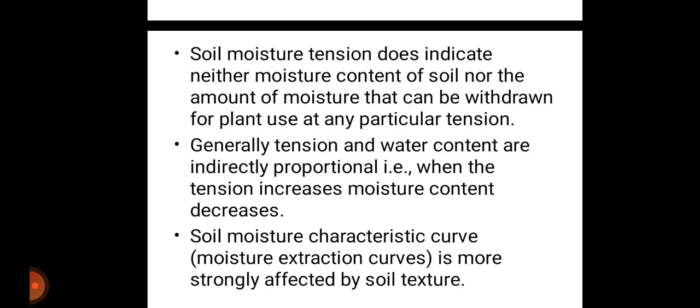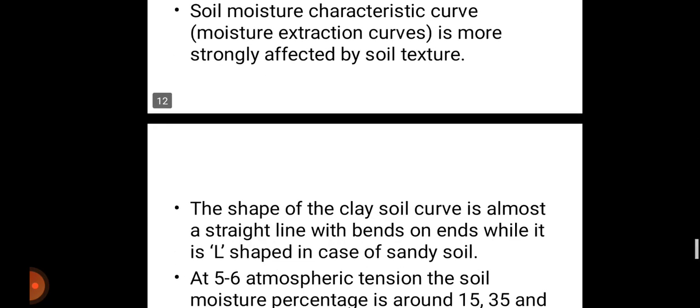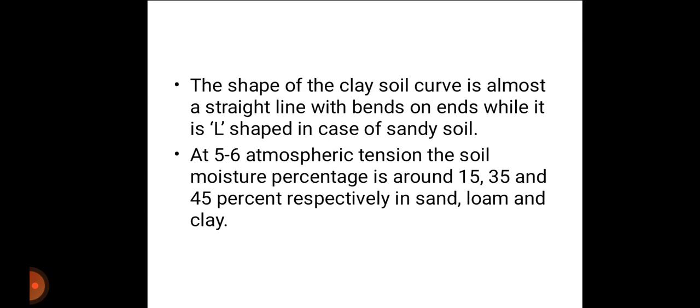The soil moisture characteristic curve, or moisture extraction curve, is strongly affected by soil texture. The shape of the clay soil curve is almost a straight line with bends at the end, while it is L shaped in the case of a sandy soil.